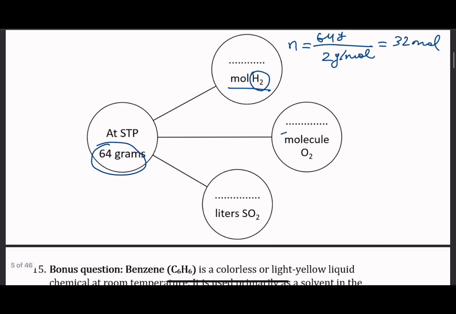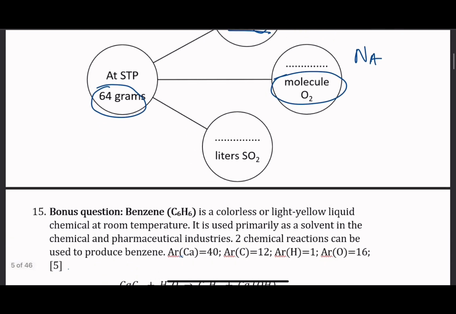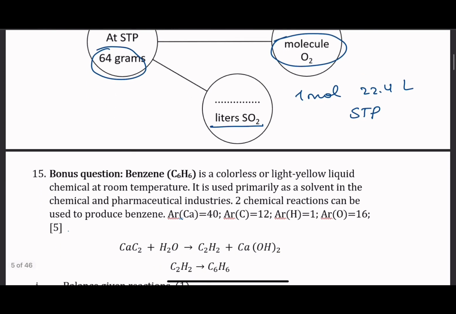And you will find the number of molecules. You need to use Avogadro number. And liters, you will know that for 1 mole it is 22.4 liter gas at STP. Okay, at room temperature and pressure, it is 24 liters per mole.